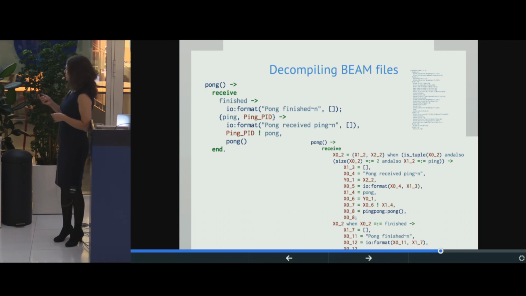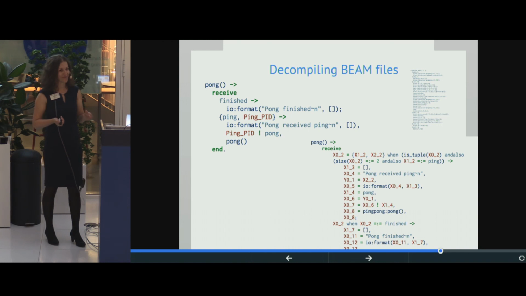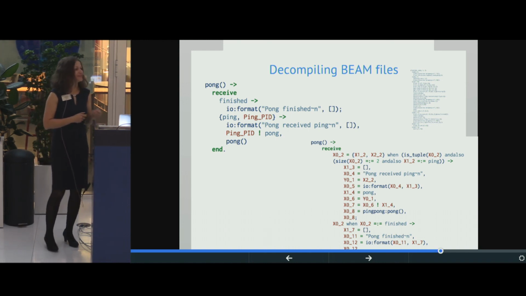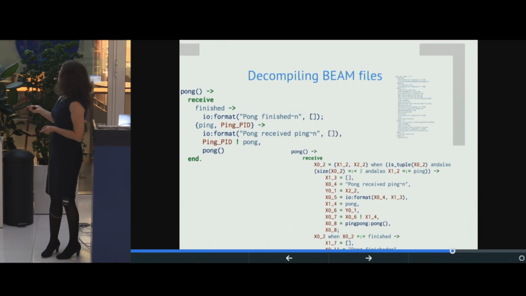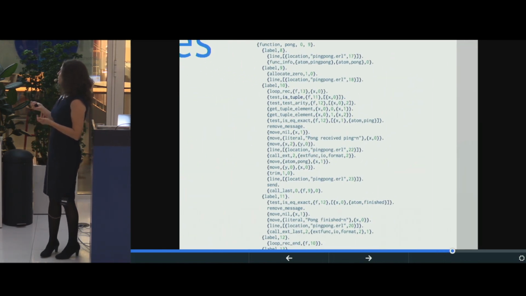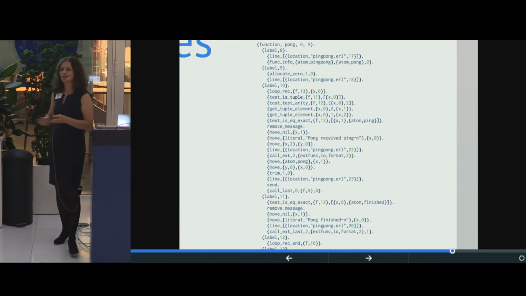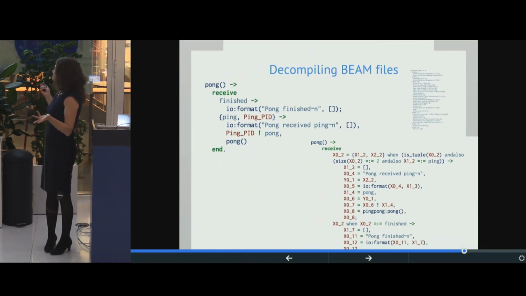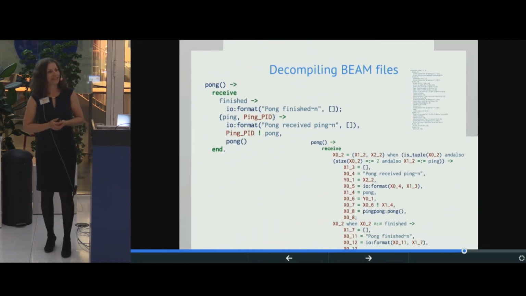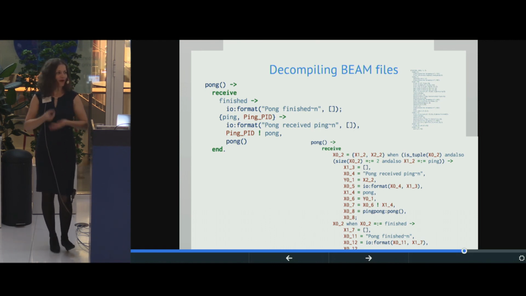So for example, for this simple one, obviously the result won't be the same as the original code. If we want to analyze it through the beam code, this is the disassembled version of that ping function with lots of movs and register-based operations. And finally, we can get something like this, which is really ugly. We do not want to know how it looks.